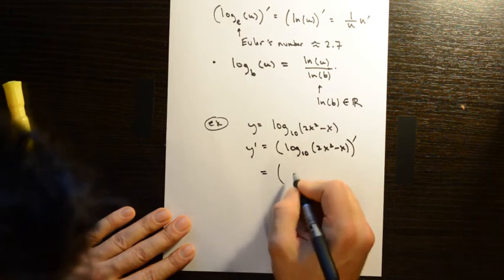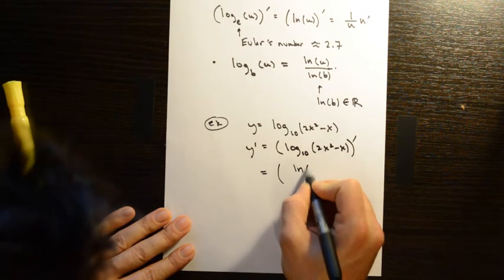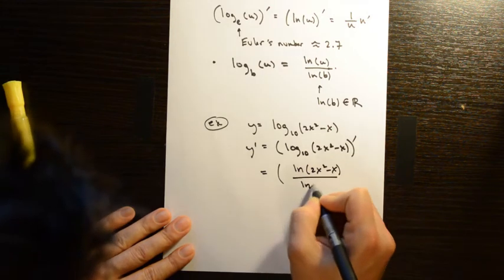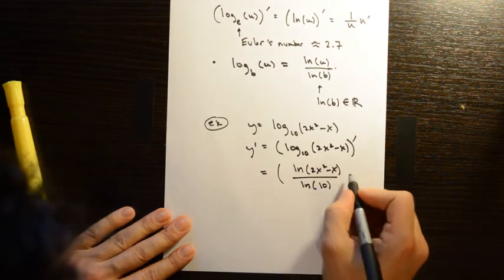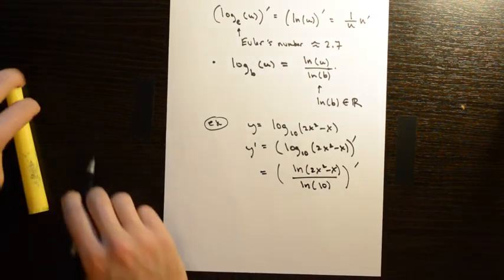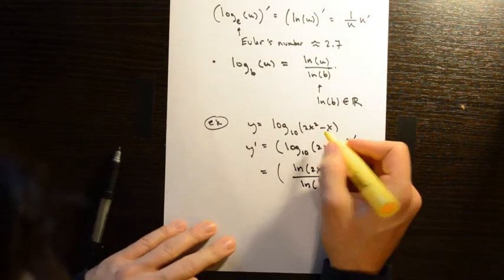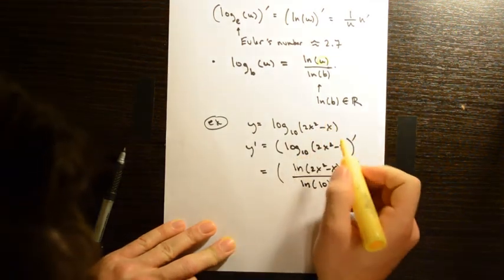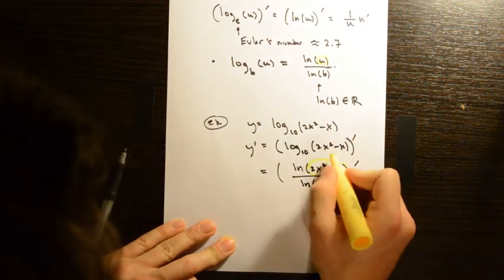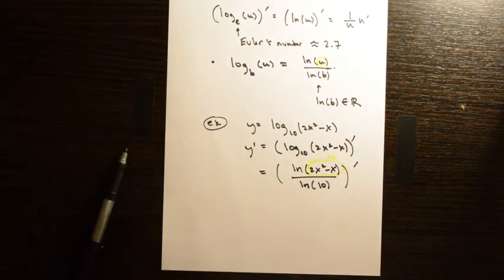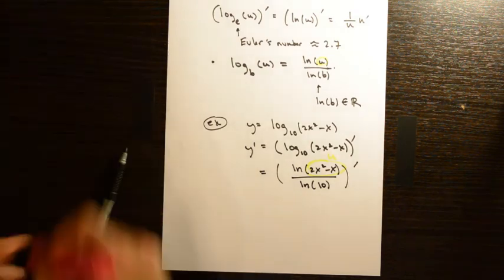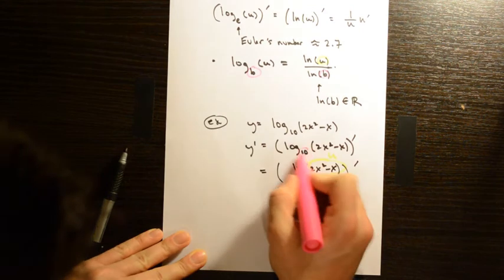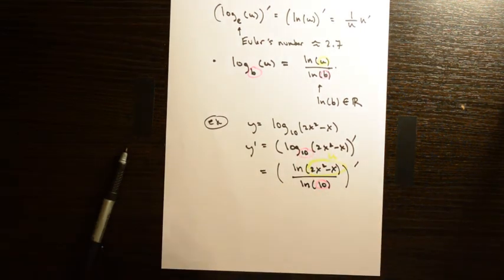So we write this as the derivative of the natural log of 2x squared minus x divided by the natural log of 10. Notice in this formula that this u here is this term here, and the base b here is 10.